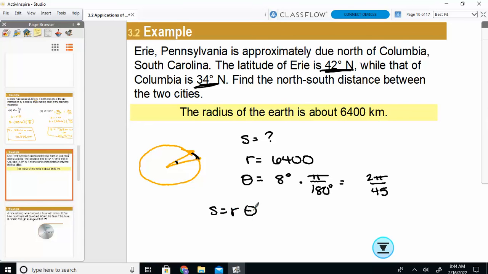So now we can do the S equals R theta. We don't know S. R is 6,400. Theta is 2 pi over 45. So how'd you get 2 pi over 45? We did the 8 degrees times pi over 180. So 8 over 180 reduced to 2 over 45. Okay.